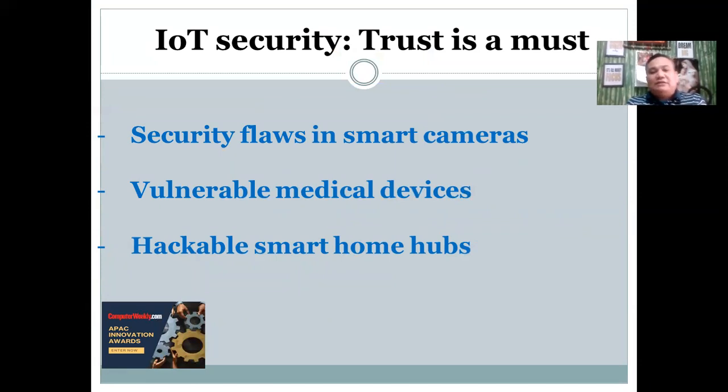IoT vulnerabilities, of course, continue to surface, causing confidence in the ability of manufacturers to deliver products that are secure by design to continue to erode. Already this year, several vulnerabilities have been exposed, including security flaws in smart cameras.